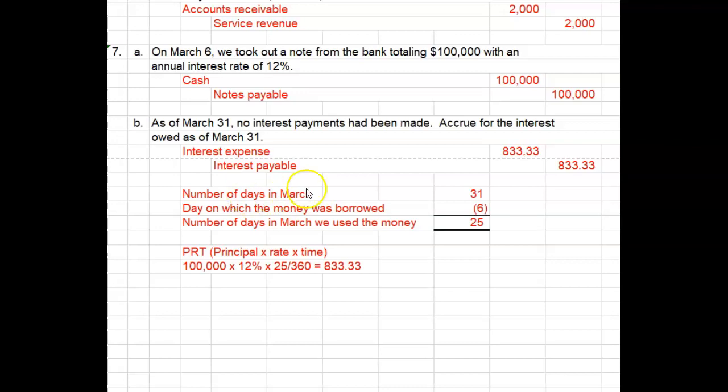So you take the number of days in March, 31 days in March, minus the day on which we borrowed the money, the 6th of March. That means we use the bank's money for 25 days in the month of March. Then we use the formula PRT, principal times rate times time.